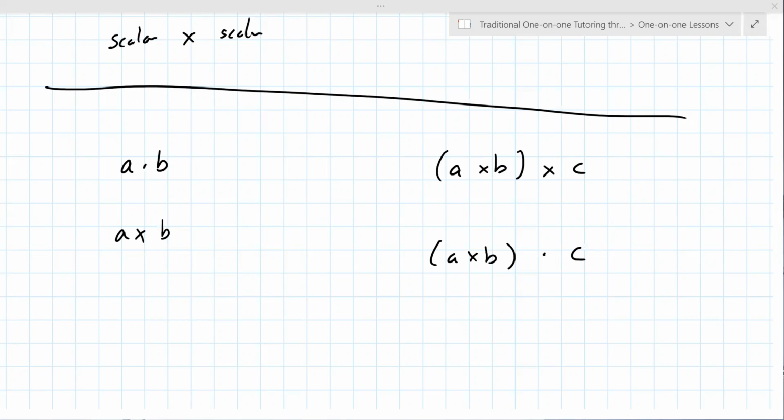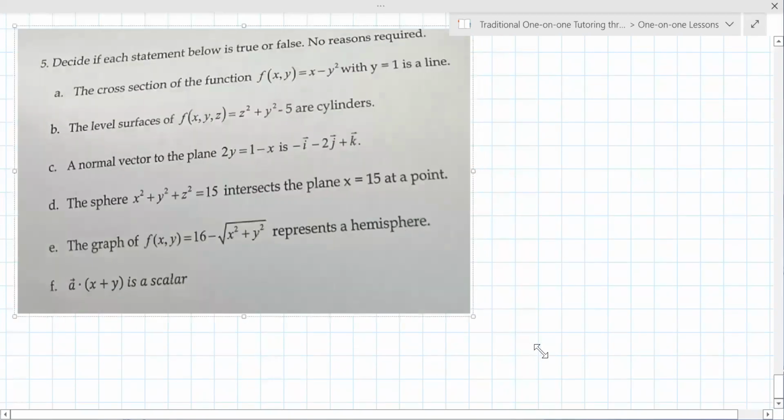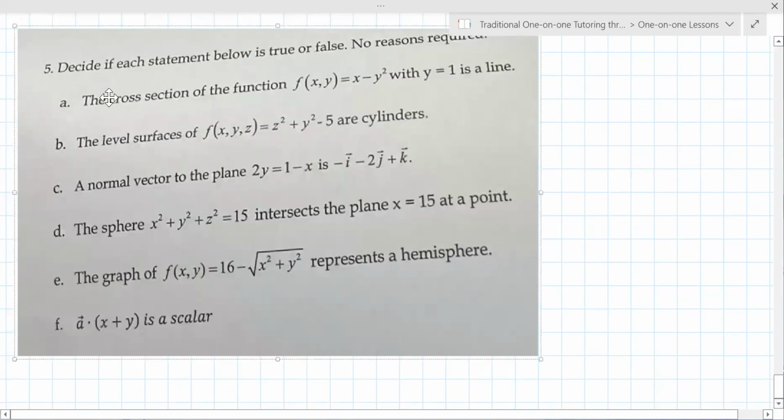It's not all vectors, so we'll skip some of the ones that are irrelevant to you. So you said you have not talked about cross sections or level surfaces. Is that right? I don't think so. Okay, so we won't do those.